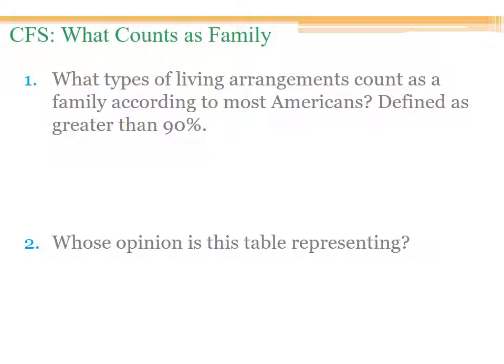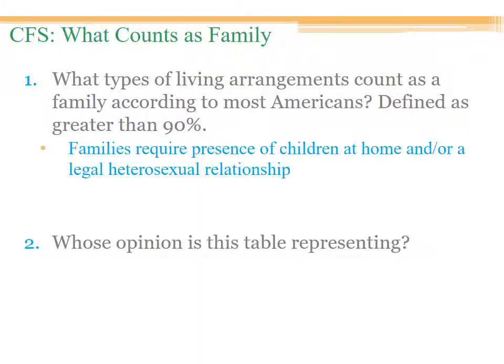So for the first question, what types of living arrangements count as a family according to most Americans? So most Americans, 90% or more, define a family as requiring the presence of children at home and or a legal heterosexual relationship. For the second question, whose opinion is this table representing?